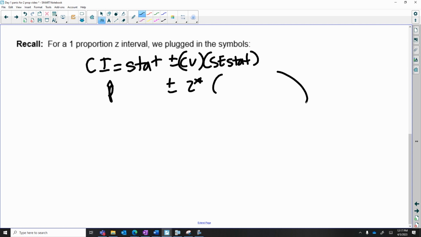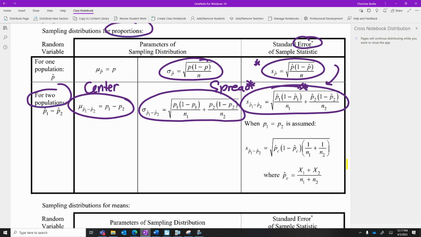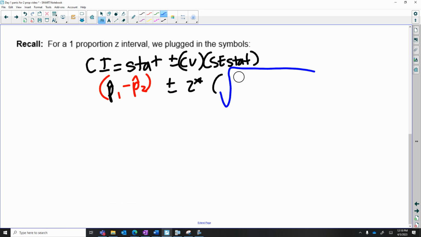But instead, it's going to be P hat 1 minus P hat 2 for the statistic, plus or minus Z star times the formula from the reference sheet, the square root of P1 hat Q1 hat over N1 plus P2 hat Q2 hat over N2. Every time you see a 1, you go to group 1, and every time you see a 2, you go to group 2 above.